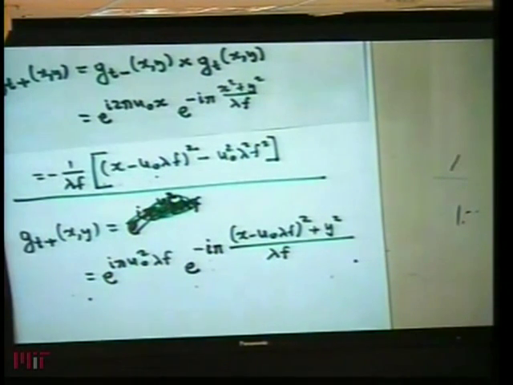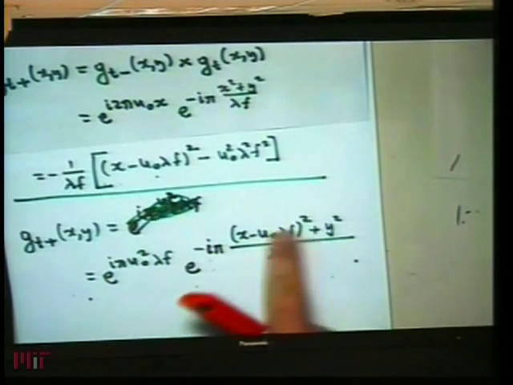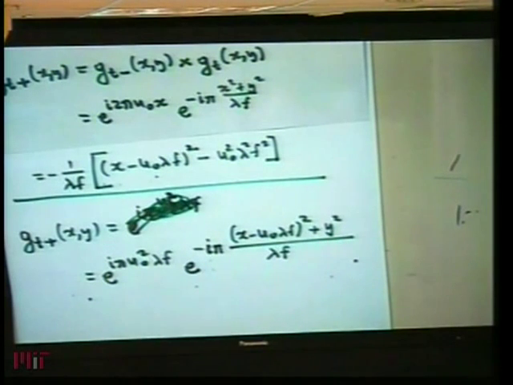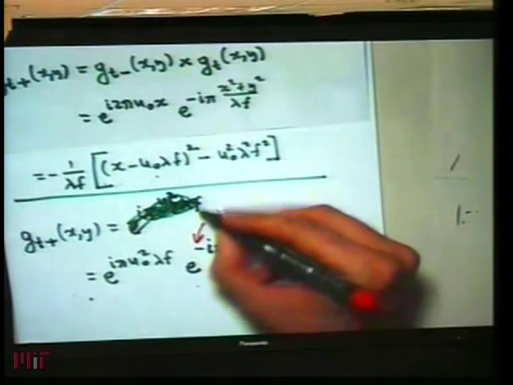Okay. So the first part I don't have to worry too much about. This is just a constant factor, as I said. But this one now I recognize that's a spherical wave. It is a spherical wave because it contains quadratic phases in the exponent. It is a convergent spherical wave because of the minus sign here.